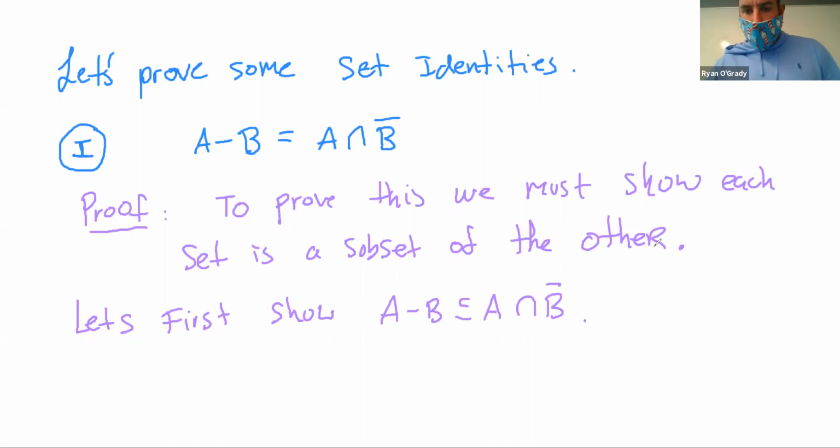So how do we do this? Well, let's take an element of A take away B. So let X be an element of A take away B.